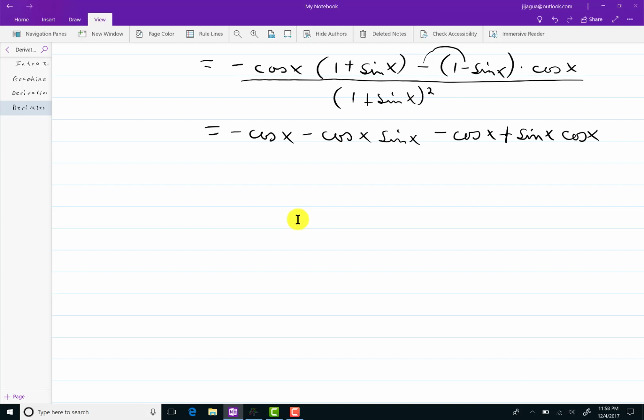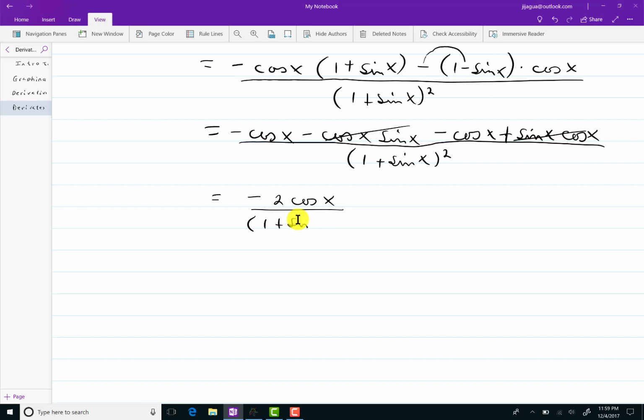And all of that is over 1 plus sine of x squared. Notice there is some stuff that cancels out. I have negative cosine of x sine of x and sine of x cosine of x. So I get negative 2 cosine of x all over 1 plus sine of x quantity squared.